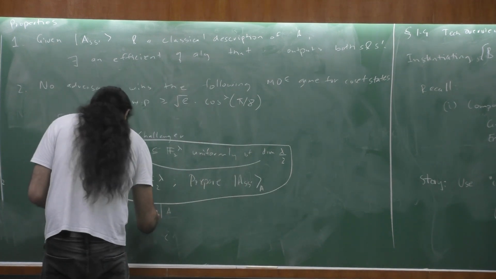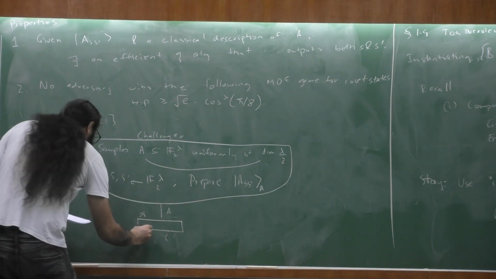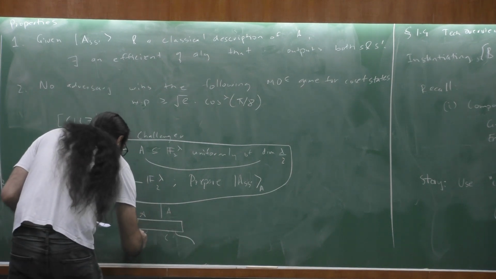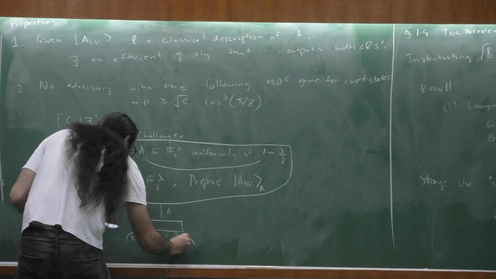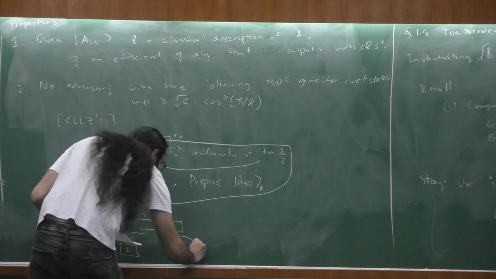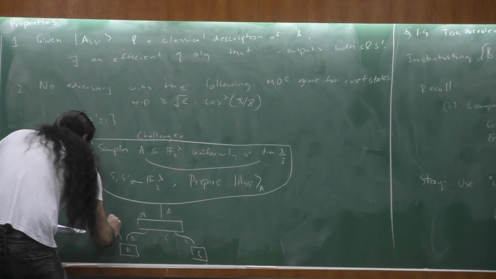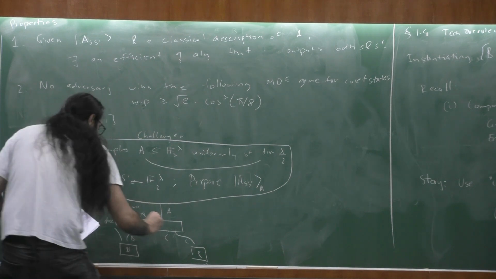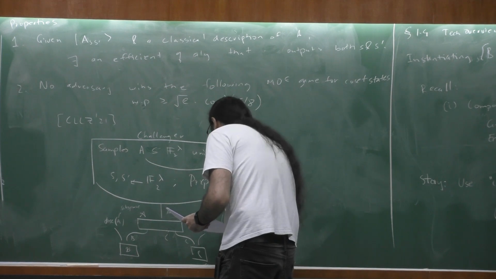And okay, so as usual, this is sent to an adversary A, and then the adversary sends a bipartite state on BC to Bob and Charlie, and they get a classical description of the subspace.